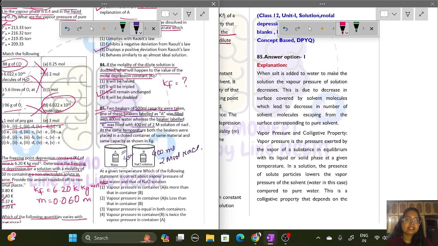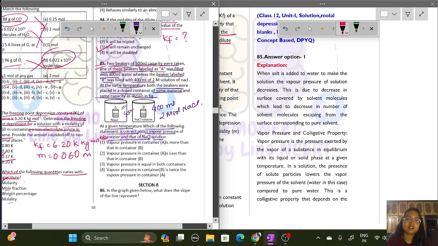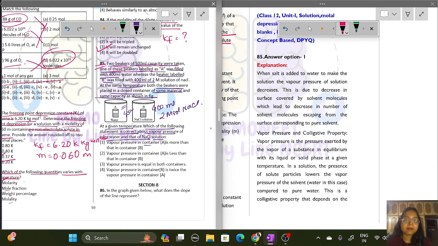At the same temperature, both these beakers were placed in a closed container. At the given temperature, which of the following statements is correct about the vapor pressure of pure water and that of the NaCl solution? Option 1 says the vapor pressure in container A is more than in container B. Option 2 says it is less.